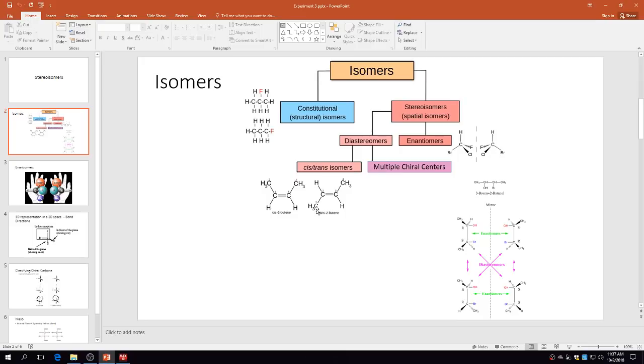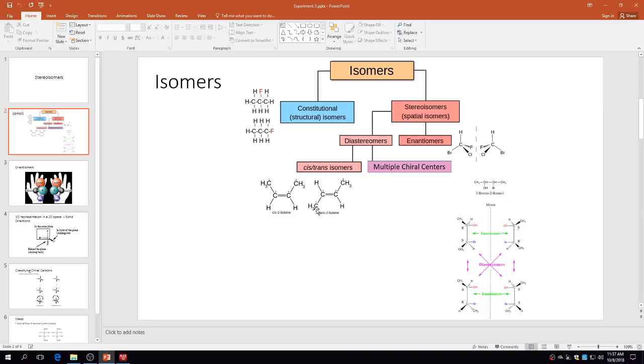There's another type of diastereomer, and those are diastereomers which contain multiple chiral centers. And these can be one of the more challenging ones to identify because molecules with multiple chiral centers can either be diastereomers, they can be enantiomers if they happen to be mirror images of each other, and they can also be, of course, the same molecule, right?